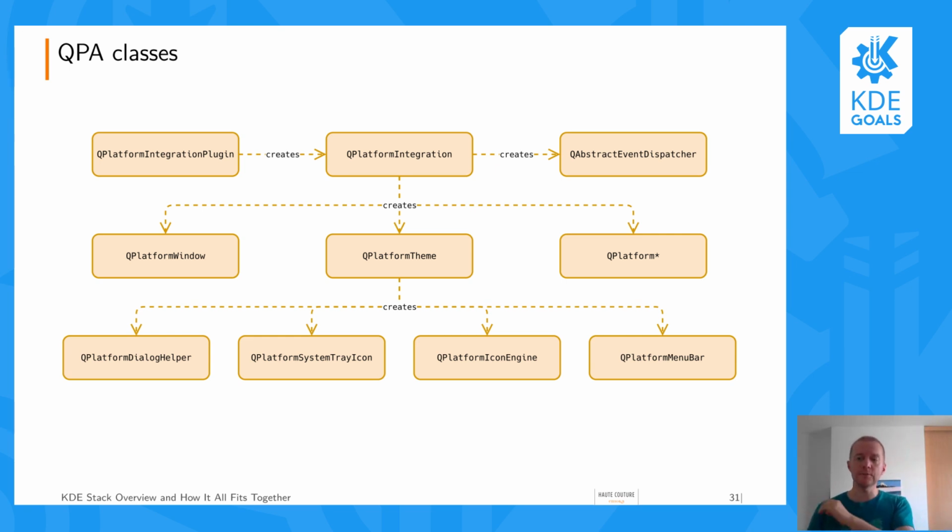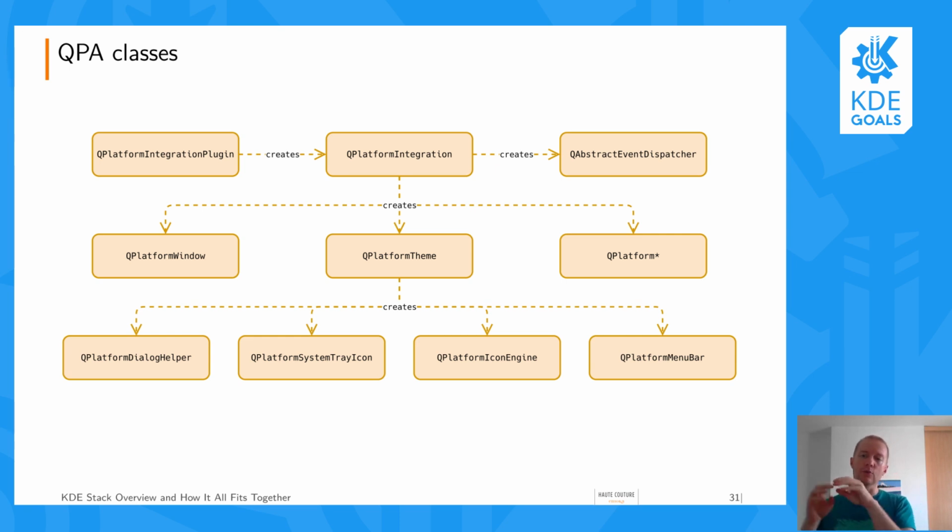There's more platform things, obviously. The one I'm interested in here is the QPlatformTheme, because this one will create more things along the way, and this one will actually go through a plugin system again, okay? So we got a plugin here, create things directly, but for this guy, it's actually created through a plugin system again, potentially, okay?